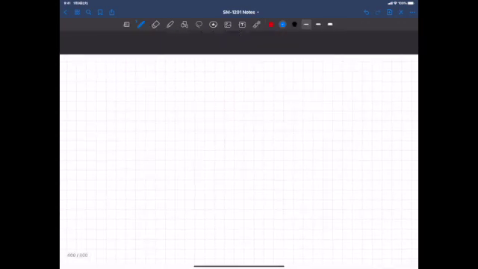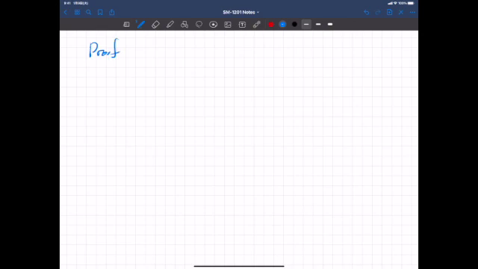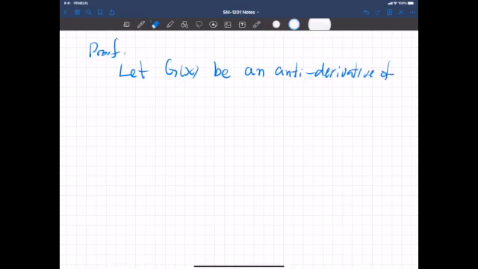Okay, so let's prove this. Let g of x be another antiderivative of f of x. Then we differentiate g of x minus F of x. Then the operation of differentiation is linear, as we have seen before.